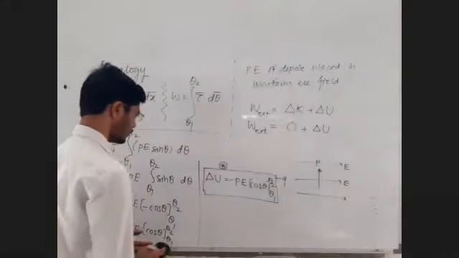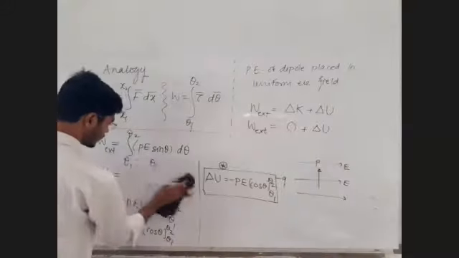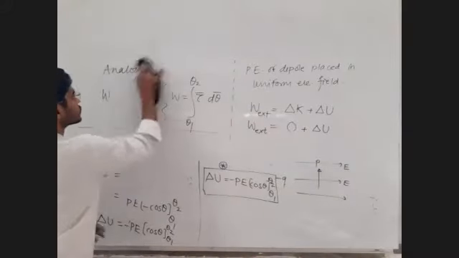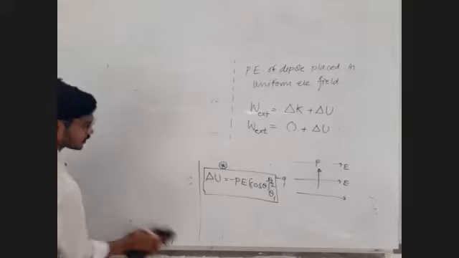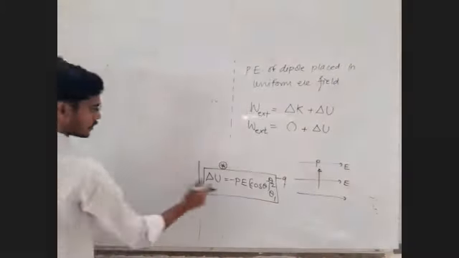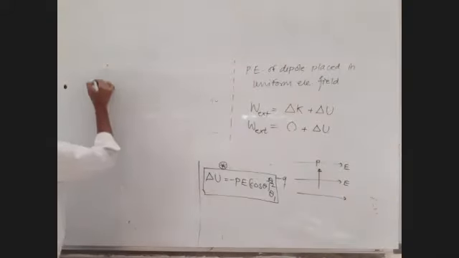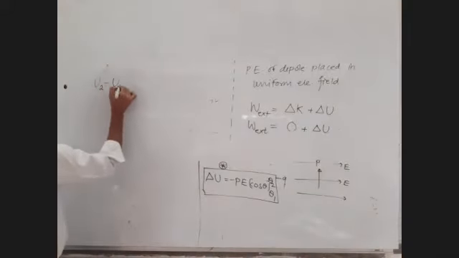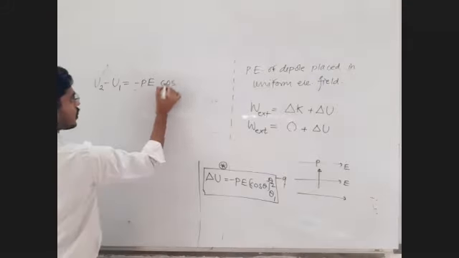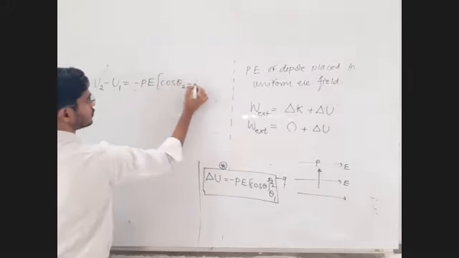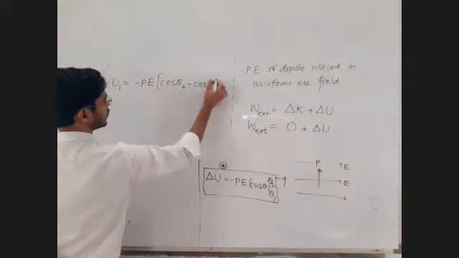Now let me write down the thing that we discussed. Now it's a very simple task for me to write down the potential energy change: U2 minus U1 is equal to minus PE times cos theta 2 minus cos theta 1.